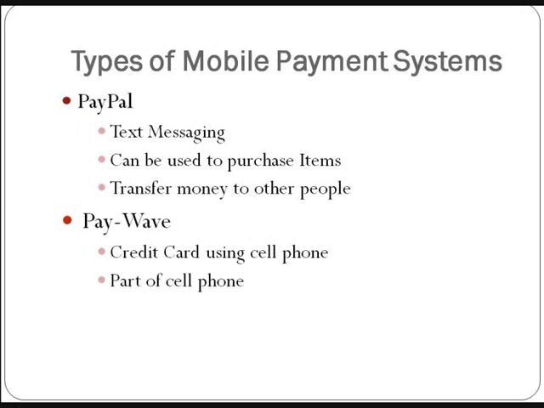There are two types of mobile payment: PayPal and PayWave. PayPal: in 2006, PayPal launched a mobile payment platform called PayPal Mobile. The way the system works is really simple.